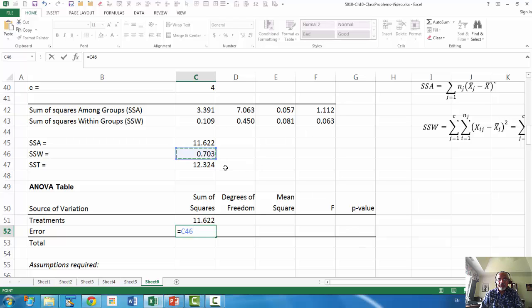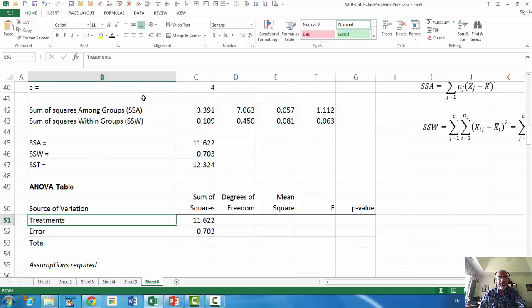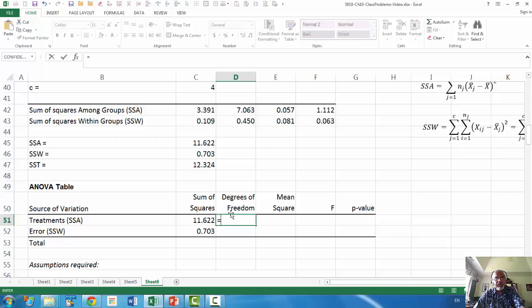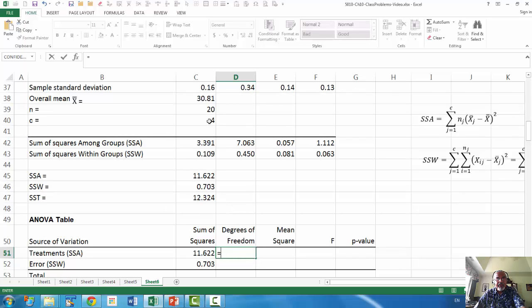So here treatments is your SSA, error is your SSW. Okay. Now degrees of freedom is what? C minus 1 for SSA, it will be C minus 1, and then N minus C for error.